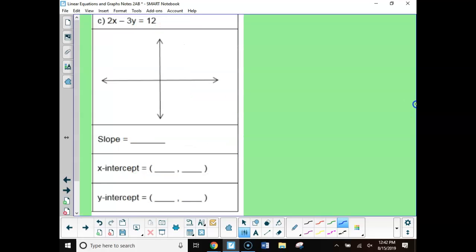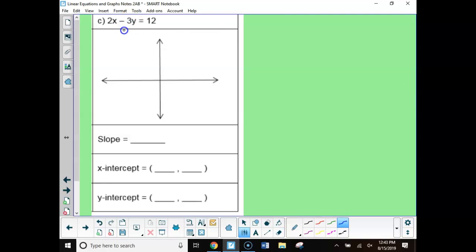I really would like to encourage you to try something new on this problem and not solve for y. This is standard form.